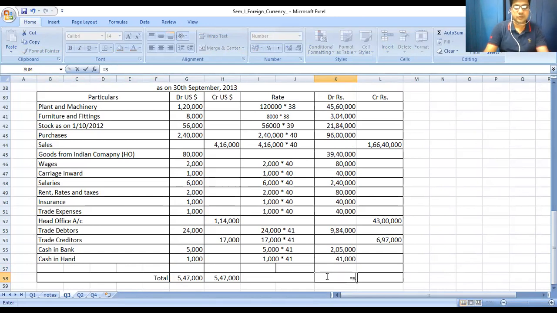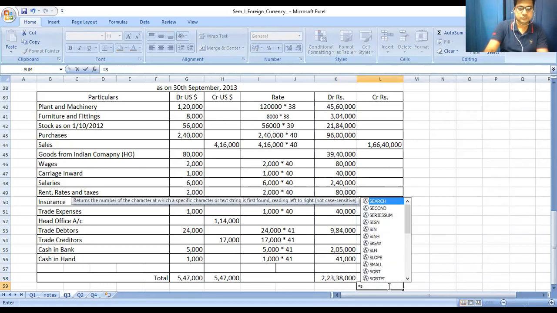Yes, that is right. What about the credit side total? 2 crore 16 lakh 37,000.